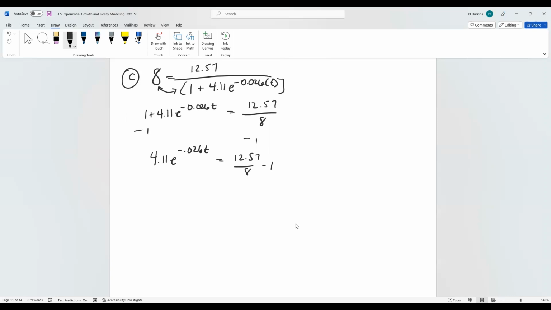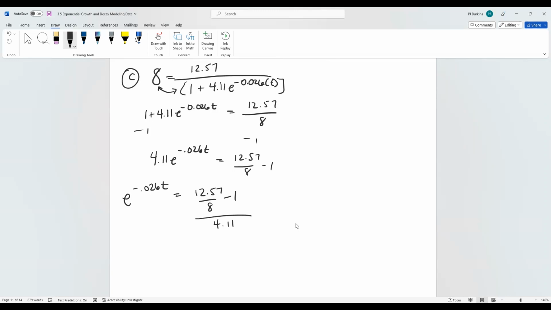Still got to get e by itself, so I'm going to divide both sides by 4.11. And I'm not doing an approximation just yet, because I want to keep this as close to exact as possible.